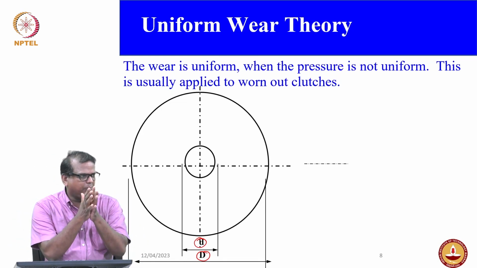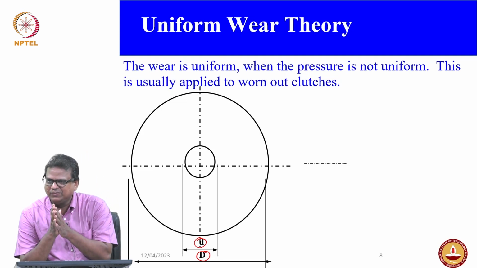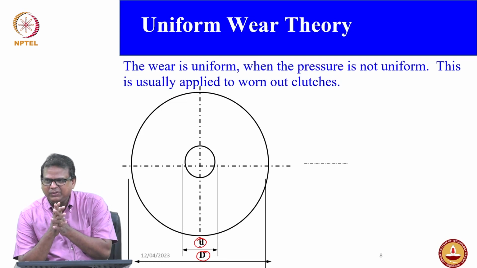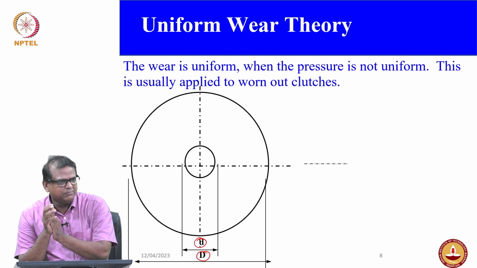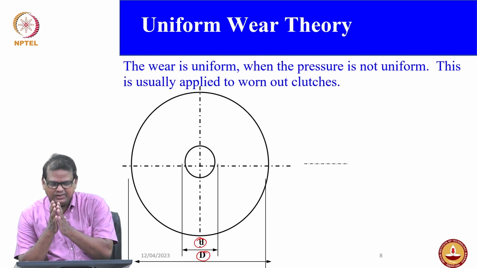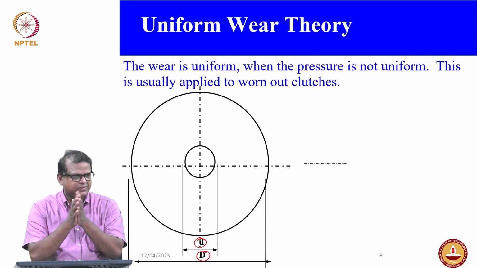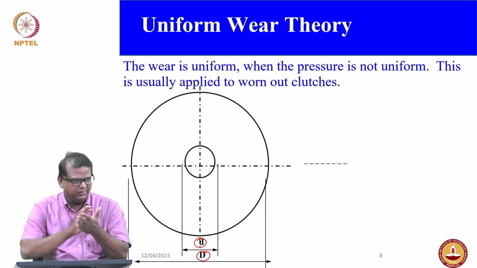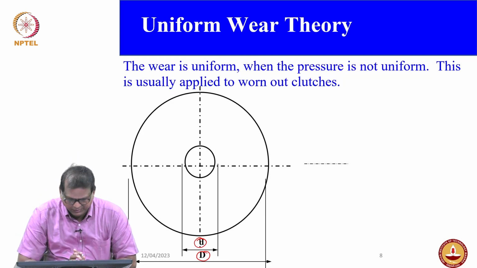So the contact will not be uniform, and the pressure cannot be constant. The wear continues until the surface wears out through the frictional surfaces, which gives the uniform wear theory.